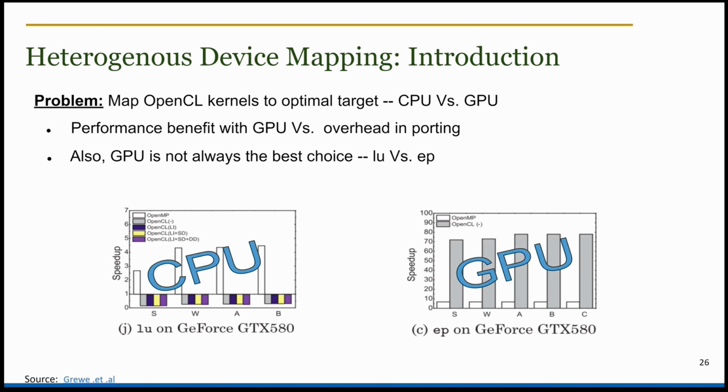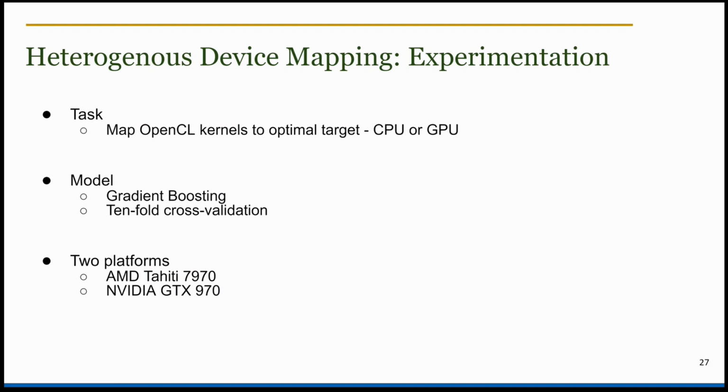We all know that for any arbitrary kernel, GPU cannot be a de facto choice. There are kernels that perform better when we run them on a CPU rather than a GPU. So this forms the crux of the problem. Given a kernel, determine which device to deploy it on.